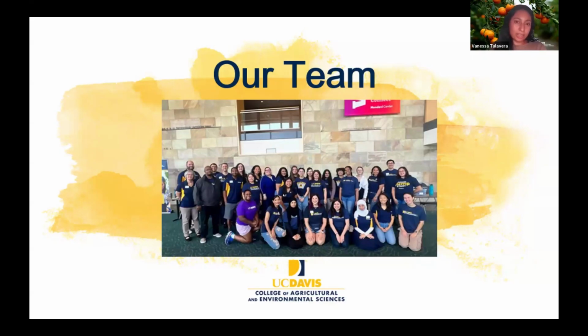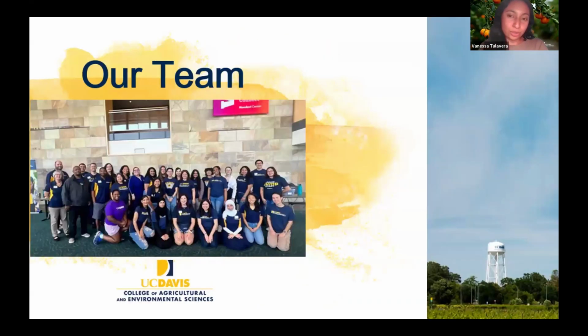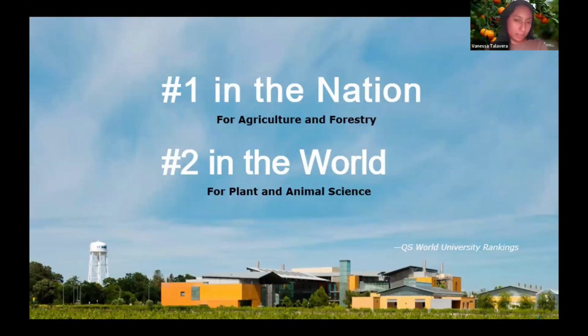If we go to the next slide, it will show, not what I thought it was going to show. But essentially, when you come to Davis, there are major advisors and college advisors.